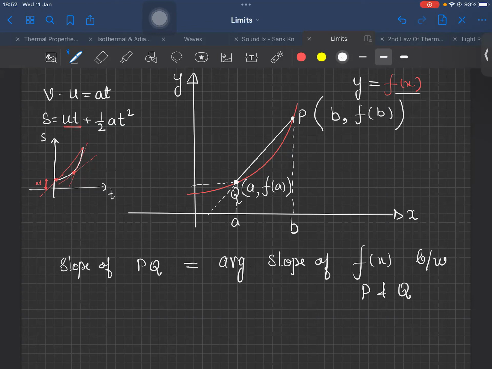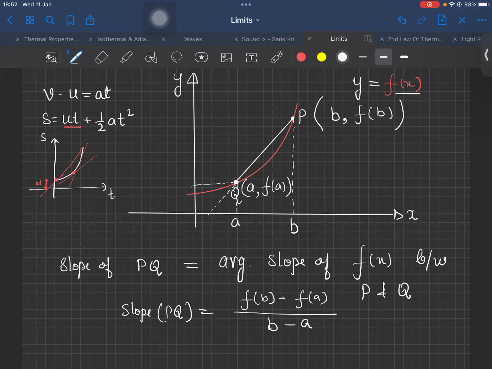Now, if you want to write the slope of line PQ, that means the average slope you are finding. How will you write it? Change in y, that means f of B minus f of A, divided by B minus A. That's what we are going to write.